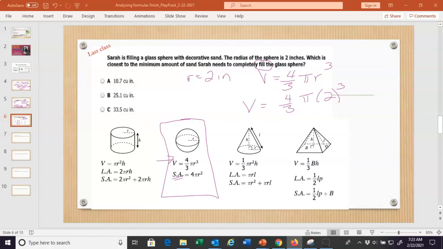Let's see. So I'm getting 32 divided by 3. So all these numbers here, 4/3 times 2 cubed is 10.66. I'm not going to round it off because I want to get as many decimals in my answer as possible until the end, right? Because I want to go ahead and multiply by pi now.